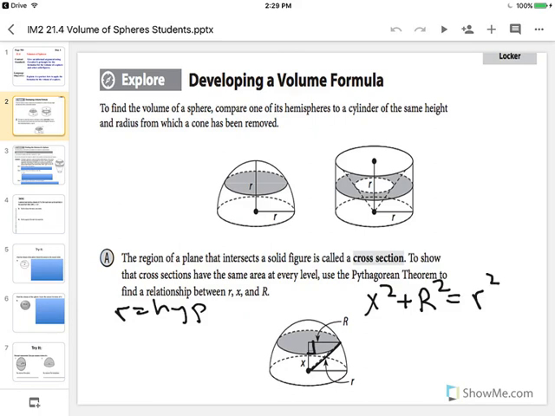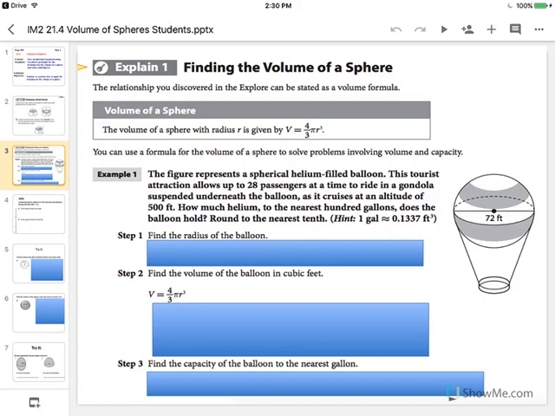Here they give us the formula for the volume of a sphere. The volume of a sphere with radius r is V equals 4/3 times pi times the radius cubed. You can use the formula to solve a problem involving volume and capacity. So let's go to example 1.